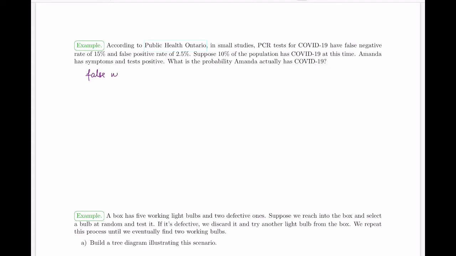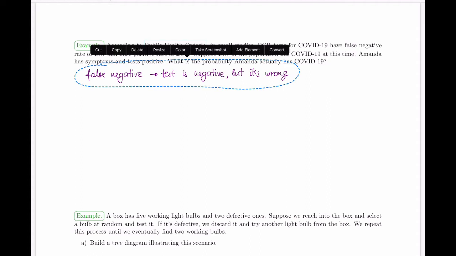False negative, although it sounds like an easy concept, sometimes gets very confusing. It means that the test is negative. So the PCR test that you took is negative, but the result is actually wrong. So the test produces the negative, but it's a false result. So the test is wrong. Similarly, I'm actually going to be a little bit lazy and copy this over.